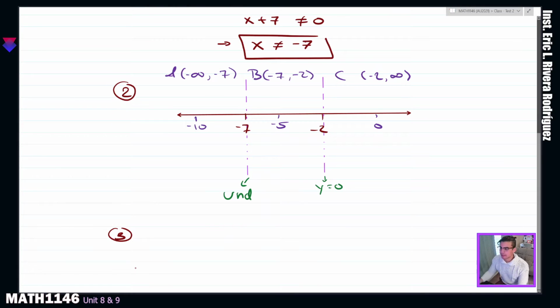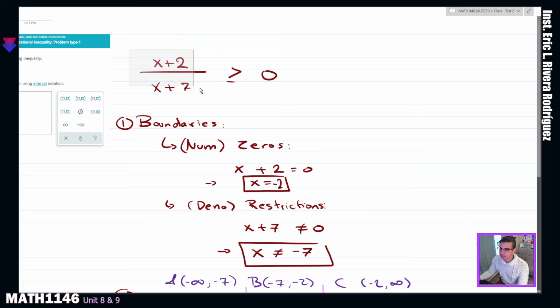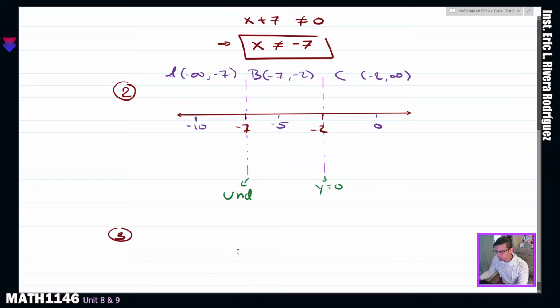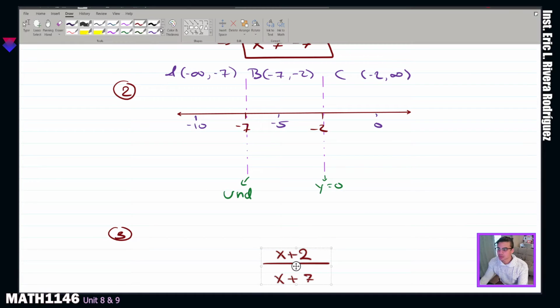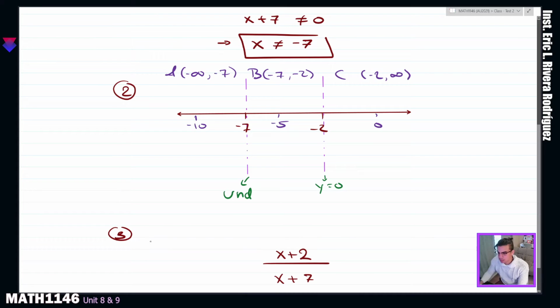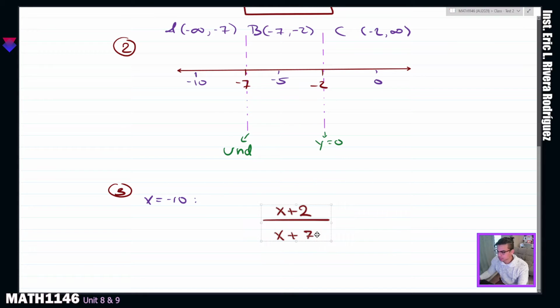So now let's evaluate everything here. For x equal -10, we plug in -10 here.